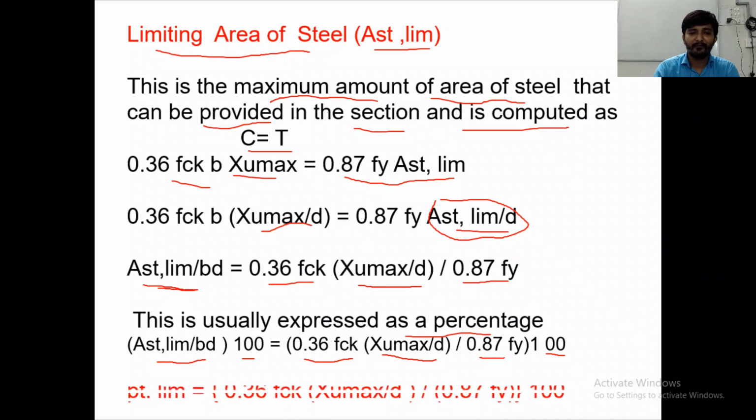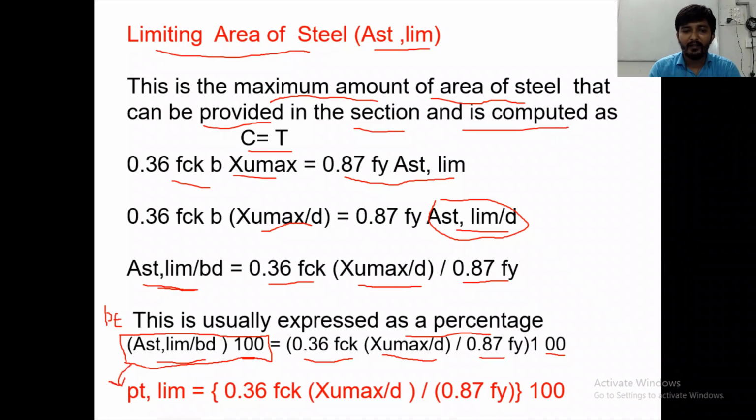This term, Ast limiting divided by bd into 100, is the formula for finding out the percentage of steel. This is the formula for pt. So I can replace this term by pt, and pt limiting will become 0.36 fck Xu max by d divided by 0.87 fy into 100.